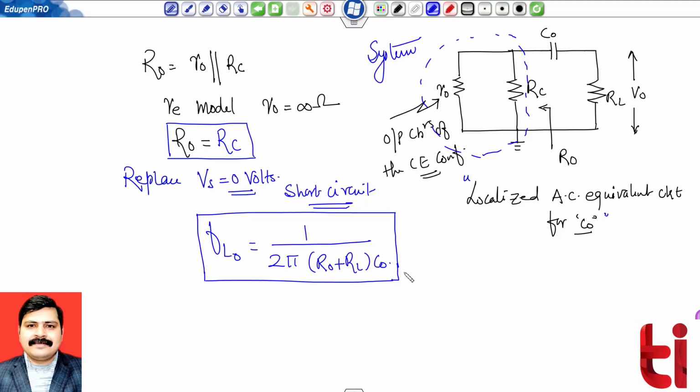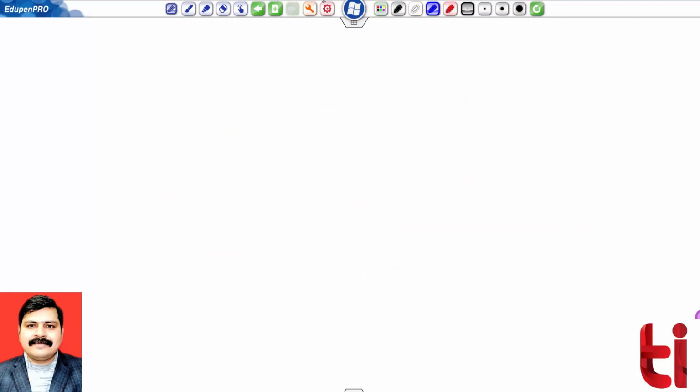Now let's see the final one, the effect of emitter bypass capacitance Ce on the low frequency response.